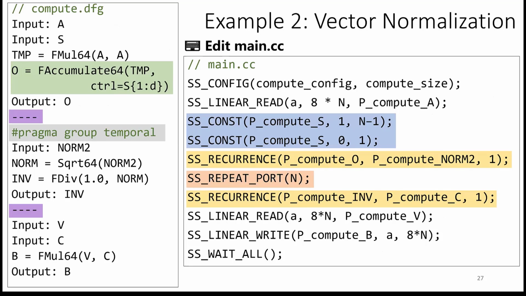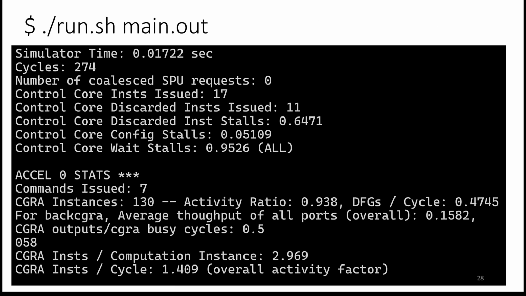If you do not have time to run this main.cc, you can use the run.answer.cc. You just run ./run.sh answer.out. You can roughly get this simulation log.